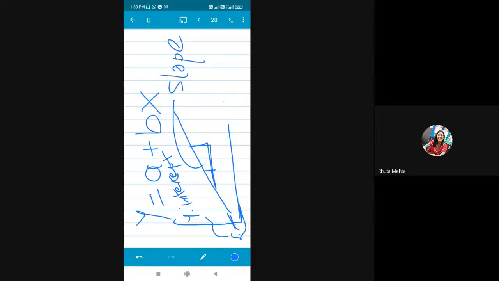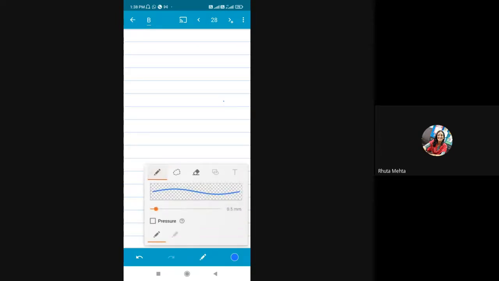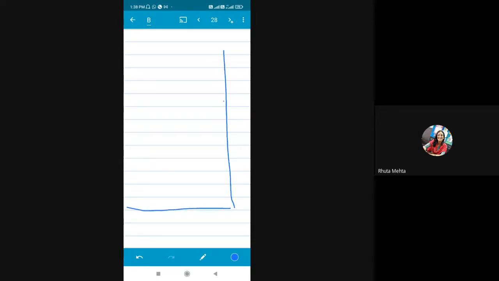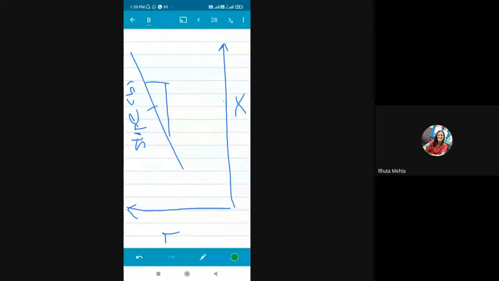Y-intercept. This is X. This is Y. Now this is going to be a straight line. Here X and Y are linear, that is what we are thinking. This is going to be the slope, which here we see is B. Now please understand one thing: if I extend this line, where will it cut?